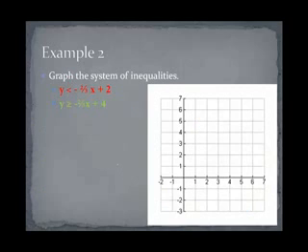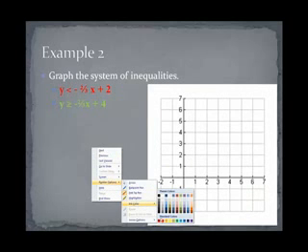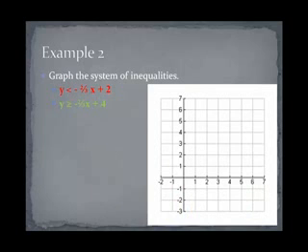Now we're going to take a look at another example where it's a little bit different. I'm going to go back to my red since my first inequality is red. With this we always need to remember our key concept. Step 1, let's graph both of these inequalities. To graph this, I'm going to pick my y-intercept and create a point.